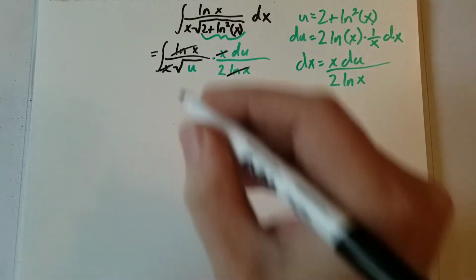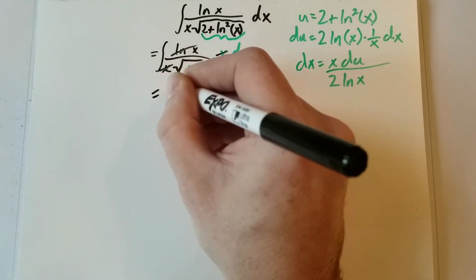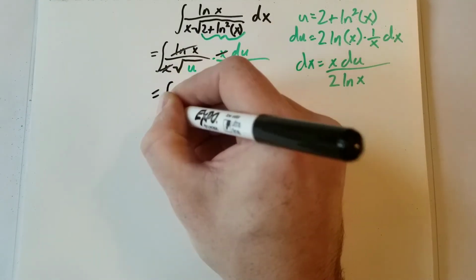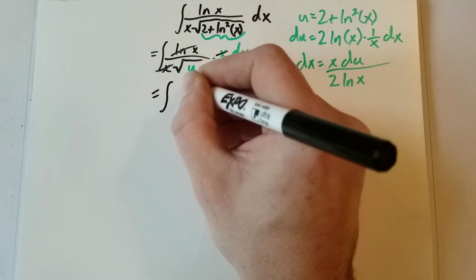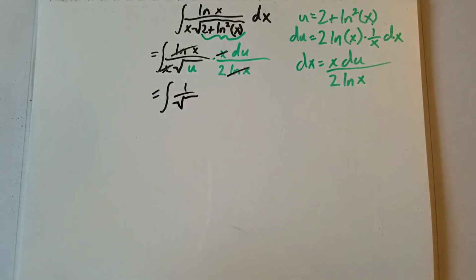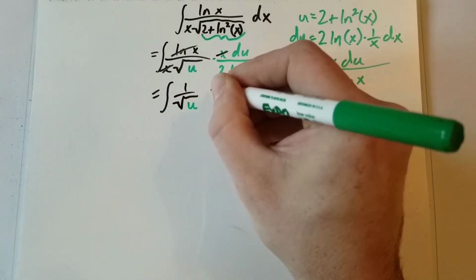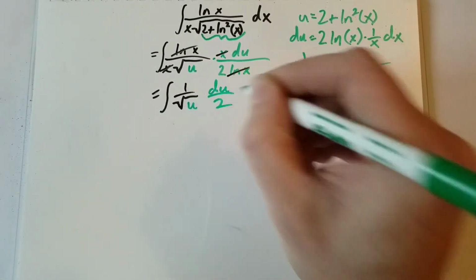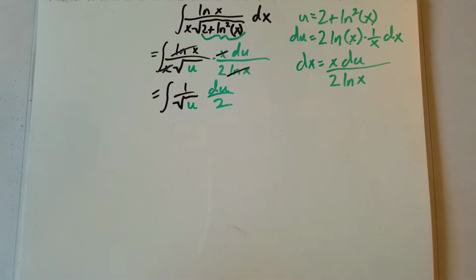So let's just clean this up. We've got equals the integral of 1 over the square root of u du over 2. Okay, at this point, let's just move our constants out front, which is 1/2.